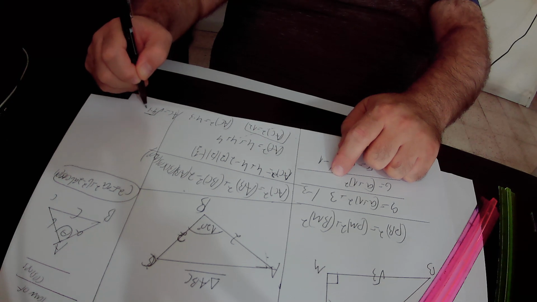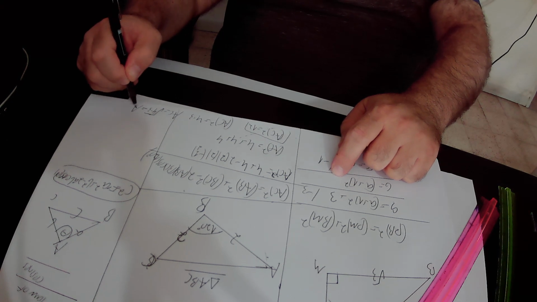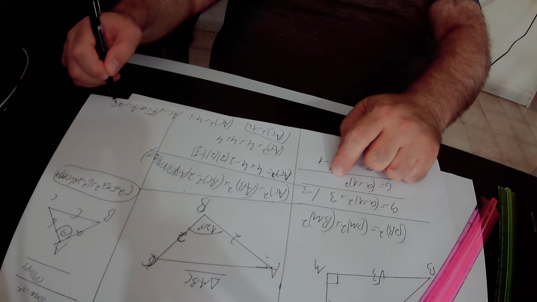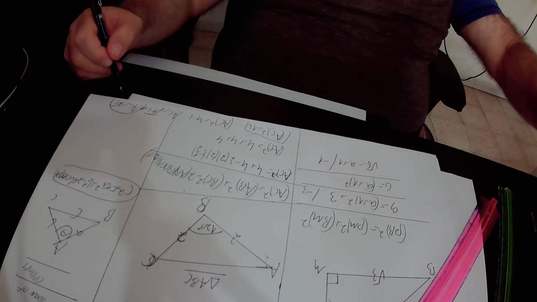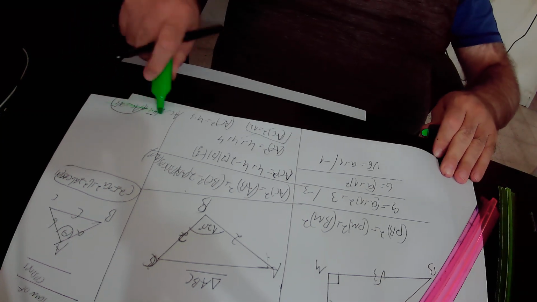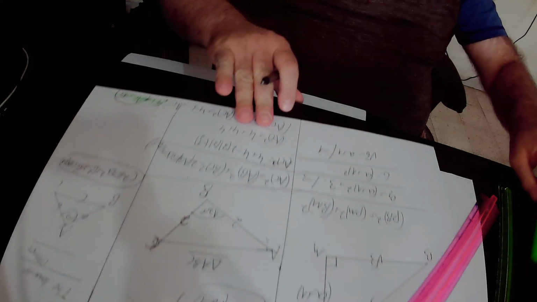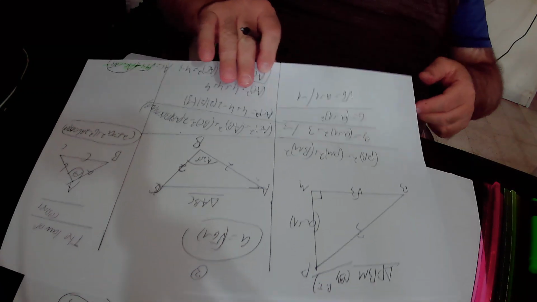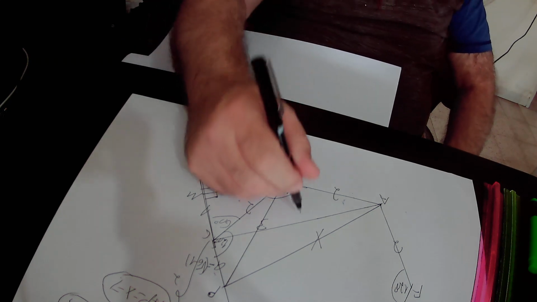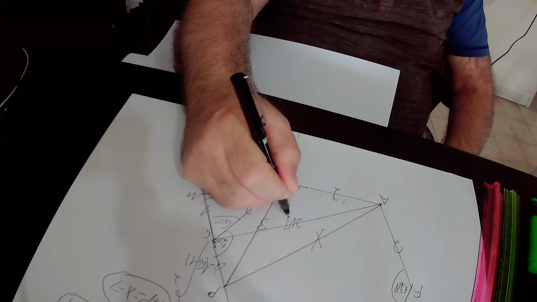We take 4 out of the root and we get that AC equals 2 times square root of 3. Inside the root we are left only with 3. So we found out that AC equals 2 times square root of 3 units. We can write down in the original drawing that AC equals 2 times square root of 3 units.